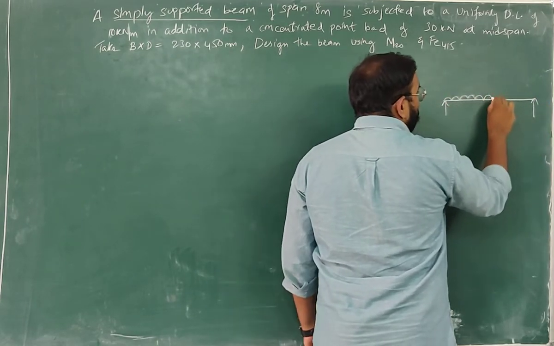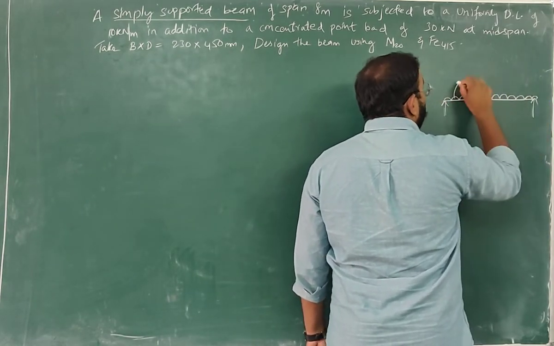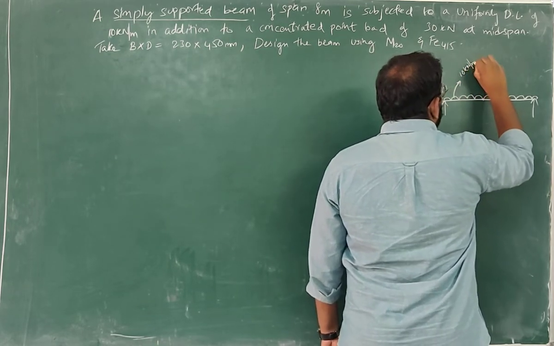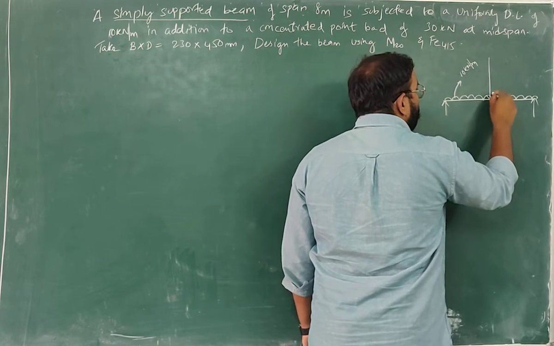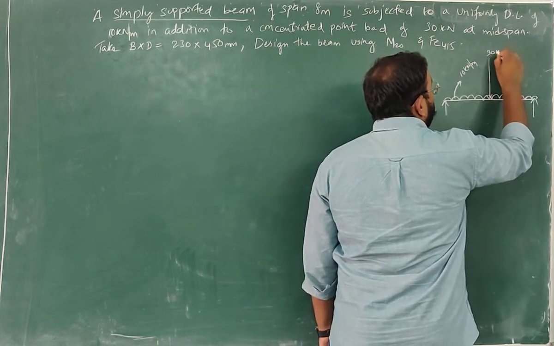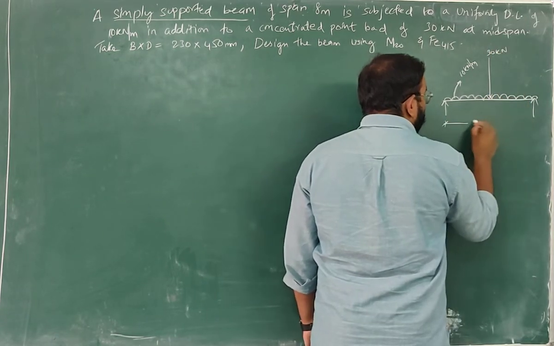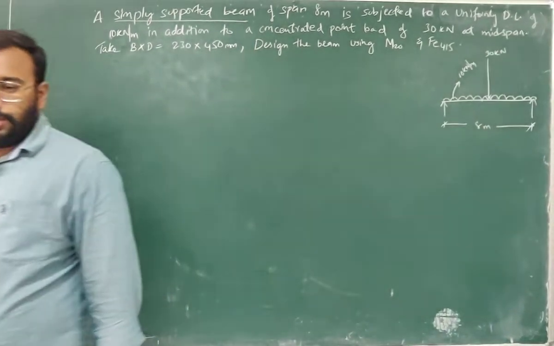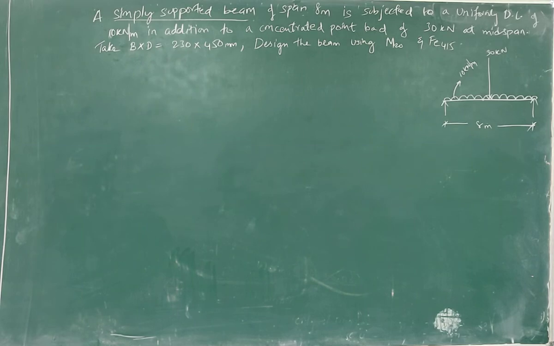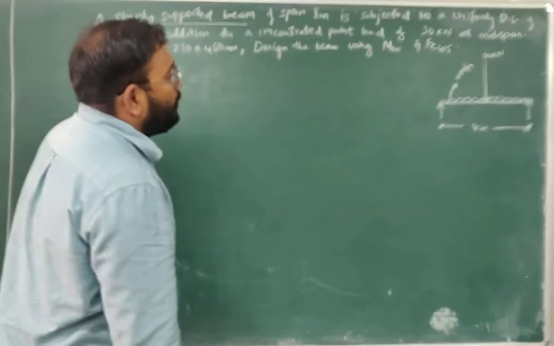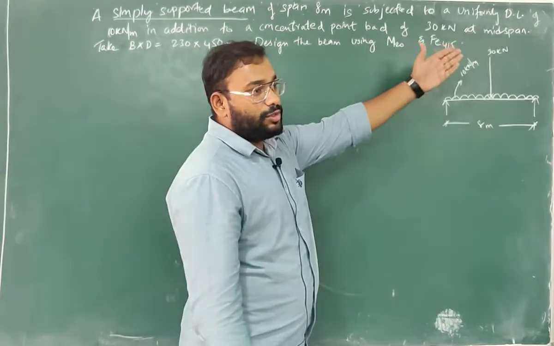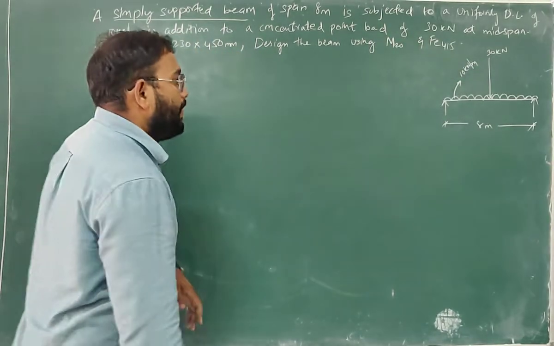This is a uniformly distributed load acting throughout the span, which is of 10 kilonewton per meter, and you also have a concentrated point load of 30 kilonewton. This span given to you is 8 meters. This is the condition given. Okay, so now previous problem only you had one UDL, now you also have one point load here.